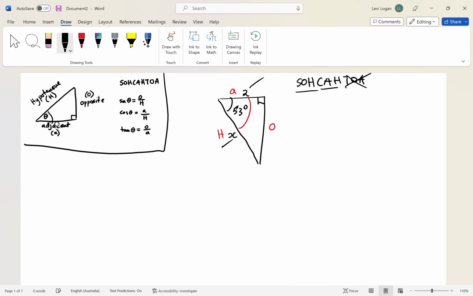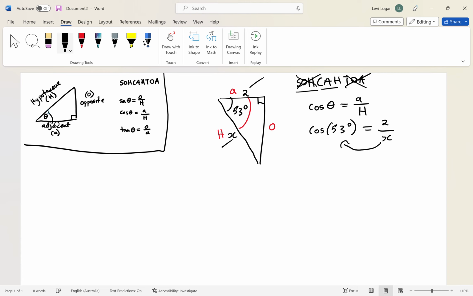We've given the adjacent. The adjacent isn't in sine, so we have to use cos. So cos theta equals adjacent over hypotenuse. Right? So therefore our angle is 53, so cos of 53 degrees is equal to adjacent, which is 2, divided by our hypotenuse, which is x.